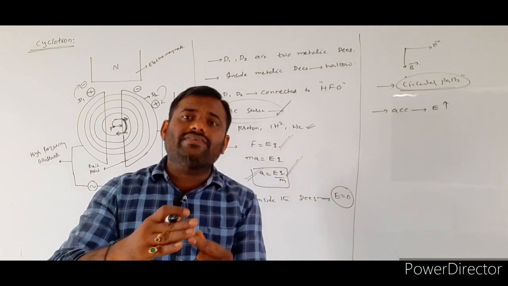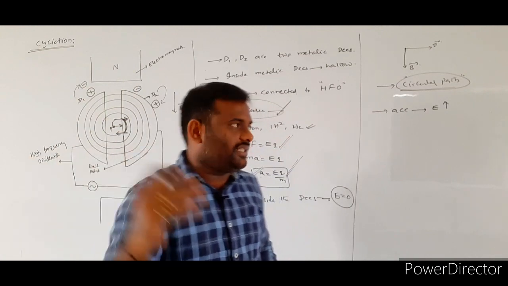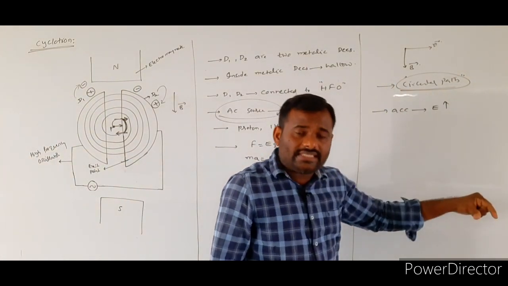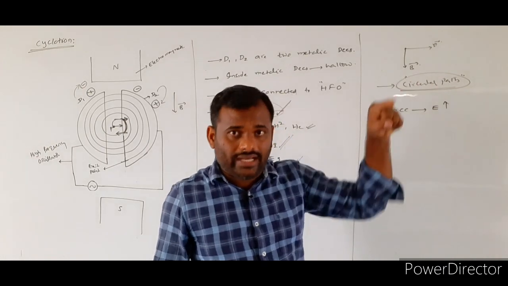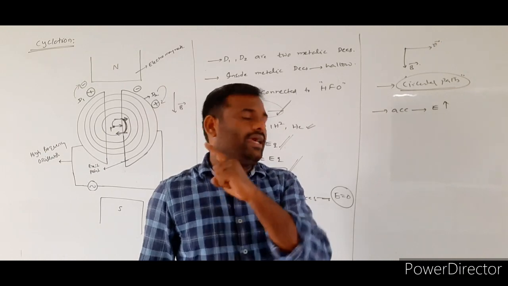Accelerated means its velocity increases, and velocity increases means its kinetic energy also increases. That we know. Whenever its energy increases, the path radius also increases.